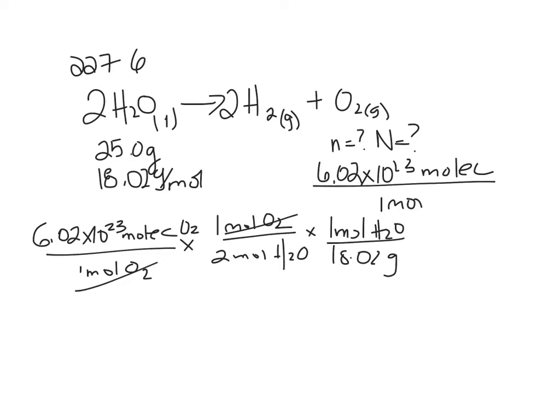So now I've got rid of moles of water, but I'm left with grams. Got to get rid of this, so I'm going to multiply it by, now the only unit I have left is molecules of O2.